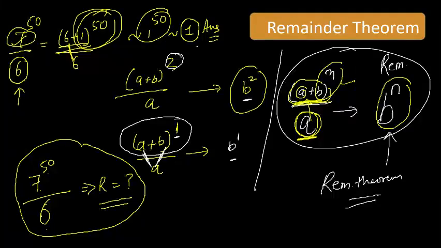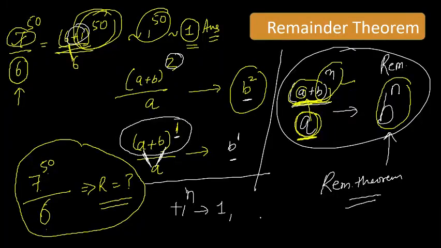1 raised to the power 150 is 1. So mostly in these cases, you will get either plus 1 or minus 1. In case it is plus 1, then 1 raised to the power any number is always 1.